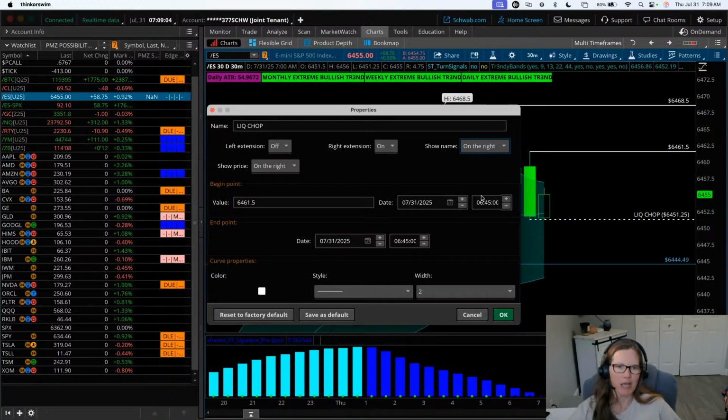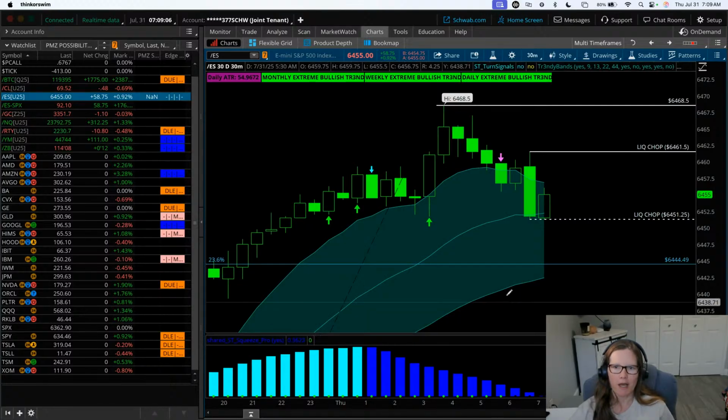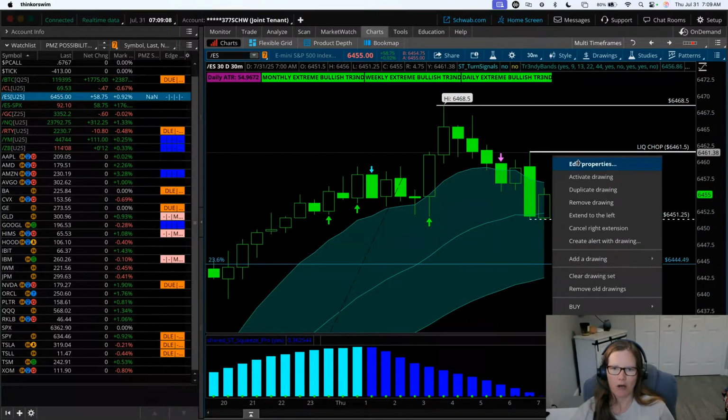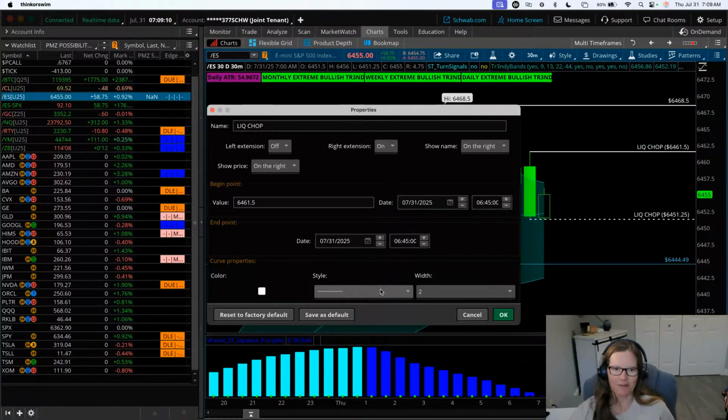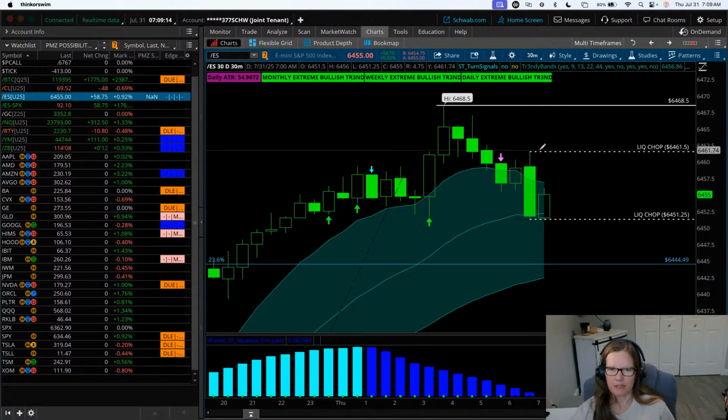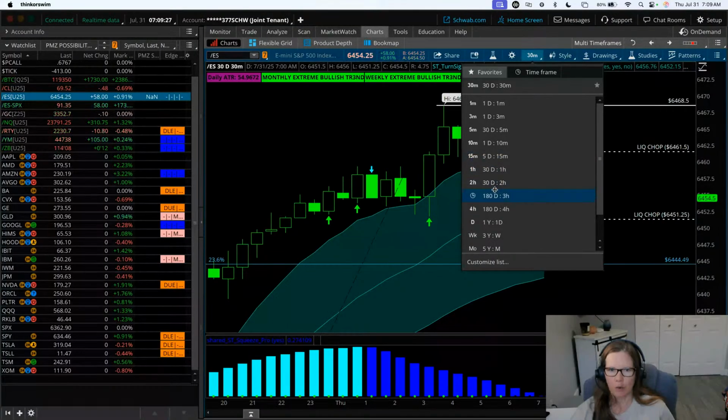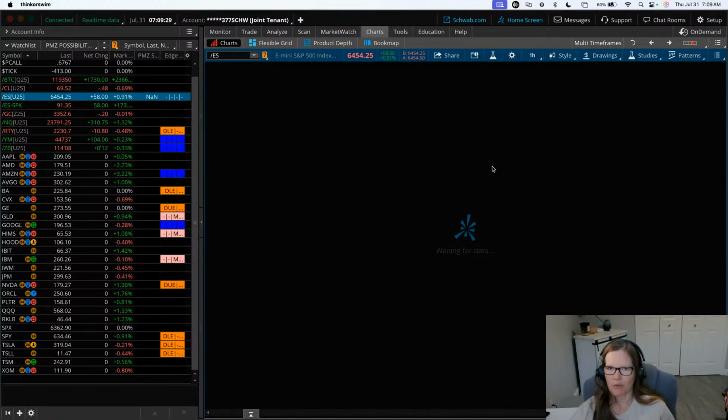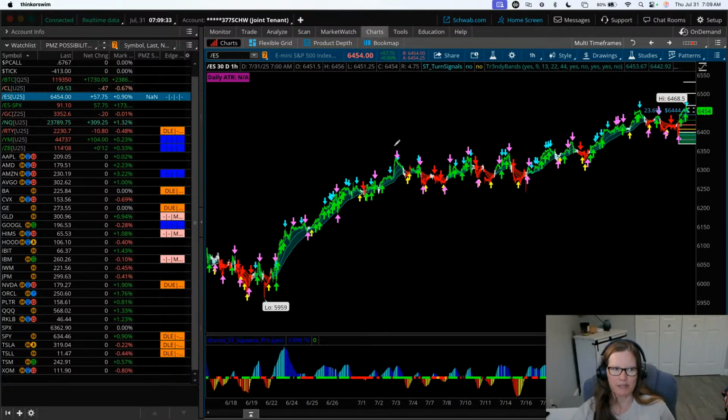Well, that rally occurred after the bell yesterday on the Meta and Microsoft earnings. So, really, it was a very choppy day for most of the day until Powell got on the mic and the market really drove down and went into a buy zone. So, this is how I would set the liquidity chop. But again, this could change according to how that pre-market data that's being released turns out.